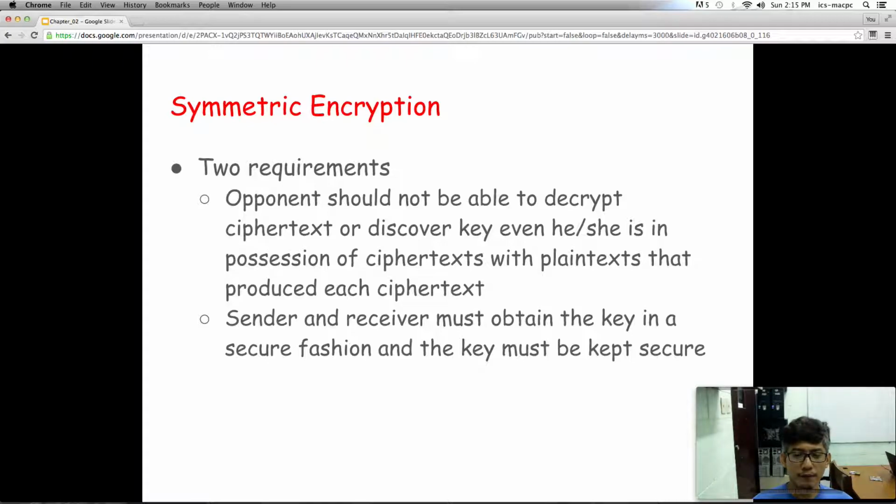And the second requirement is that the sender and the receiver must obtain the key in a secure fashion, and the key must be kept secure.